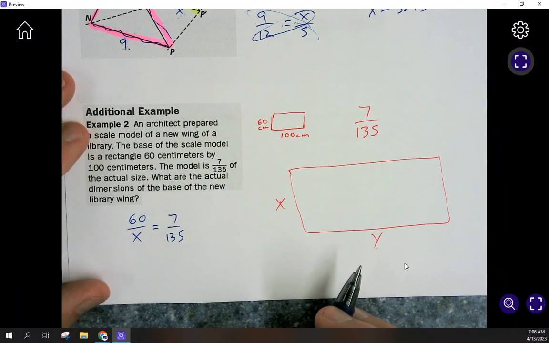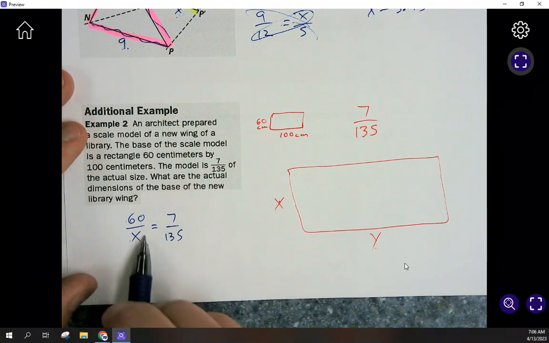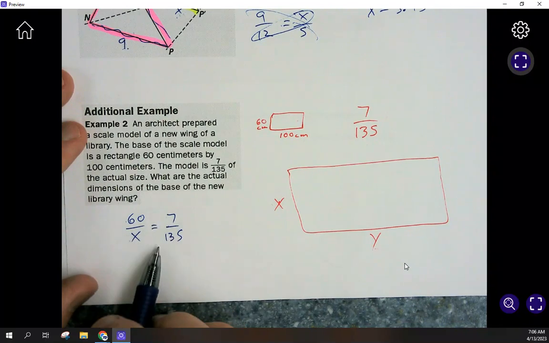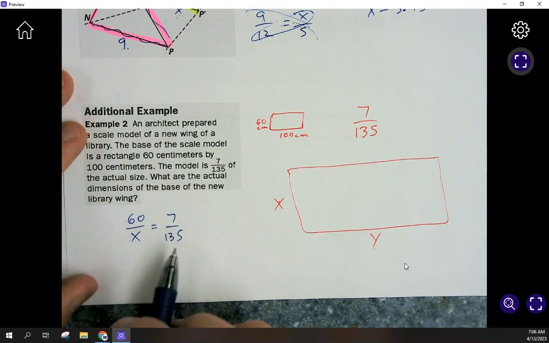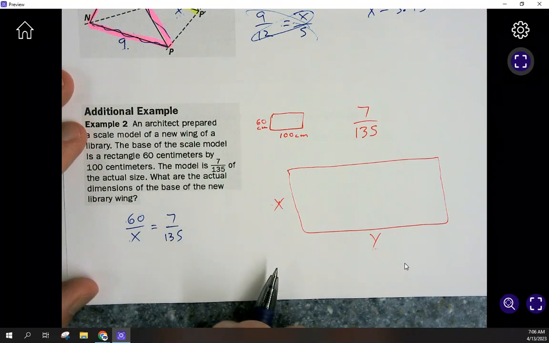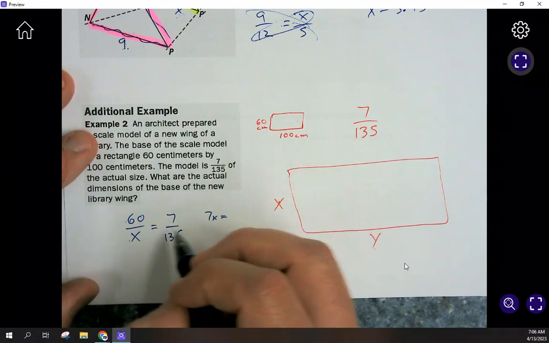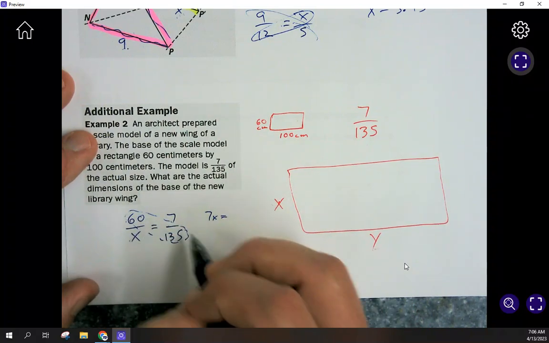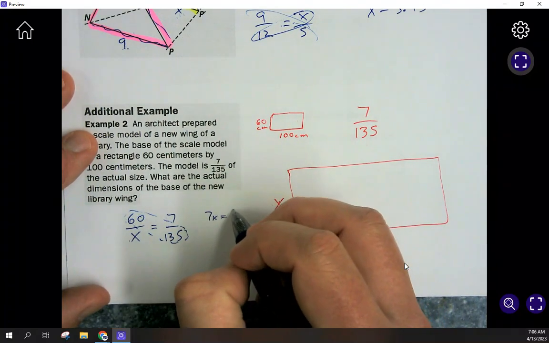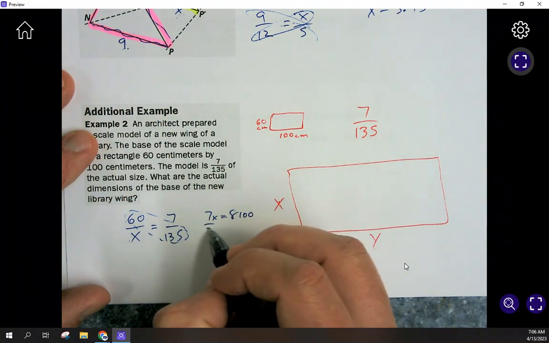I can't just haphazardly put things wherever I want, but I know 60 is going to compare to the much bigger number, the way that 7 compares to the bigger number 135. So that's how this sets up. Go ahead and cross multiply. I've got these numbers here prepared for you. So 7 times x is 7x. 60 times 135, might want to just show that so you know where the numbers came from, is 8100. You're going to quickly solve that. Divide by 7. Let me show you what happens here.